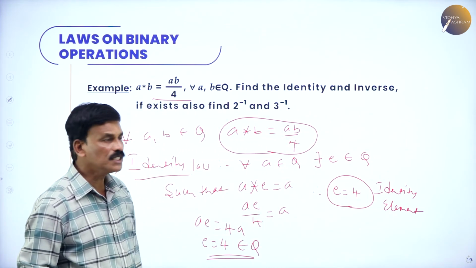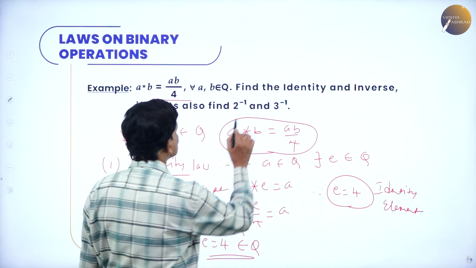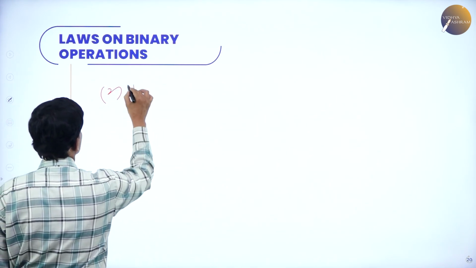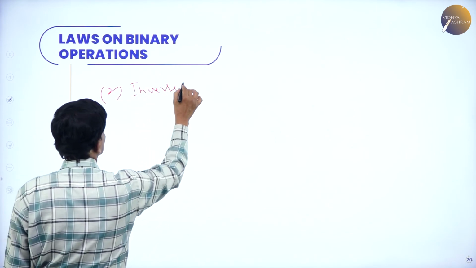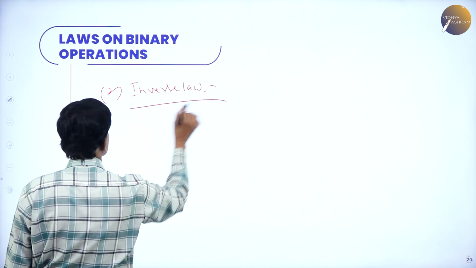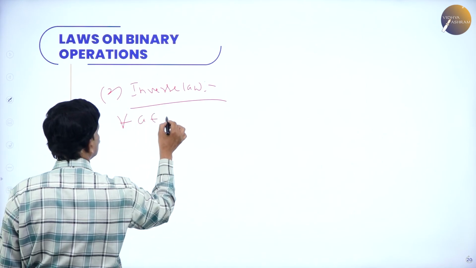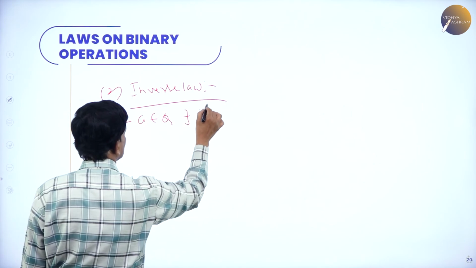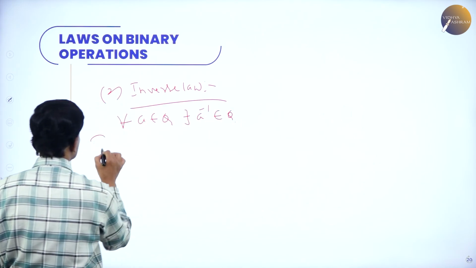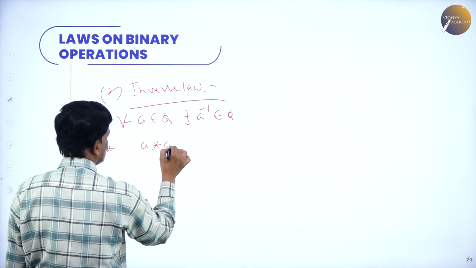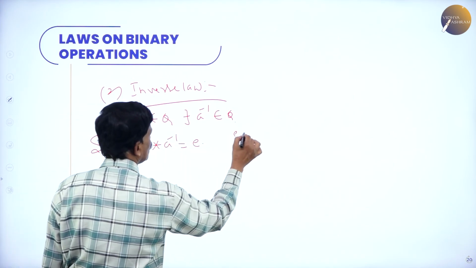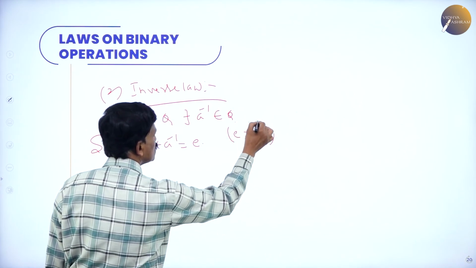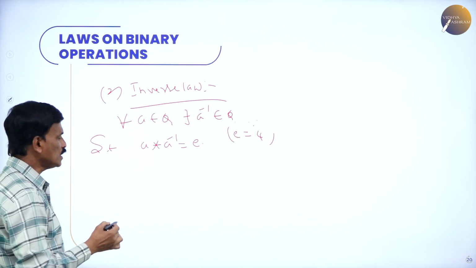Now, after finding the identity element, find out the inverse. What is the inverse property? So, the second one, the inverse property. What is the inverse law? For all A belongs to the set, A belongs to Q, there exists A inverse belongs to Q such that A star A inverse is equal to E, where E is the identity element, and the identity element we obtained is 4, since E is equal to 4. What is A star A inverse?